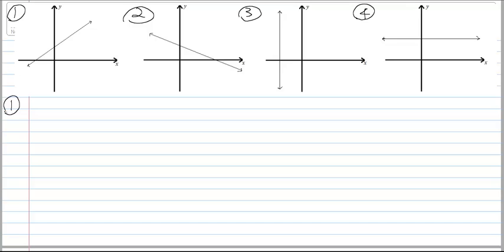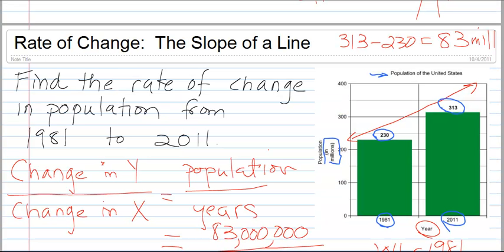The first type of slope is what we just saw, and that is a positive slope. Now, when we have a positive slope, we'll have a line similar to what we saw with the bar graph. Let me just page back up for you to see that.